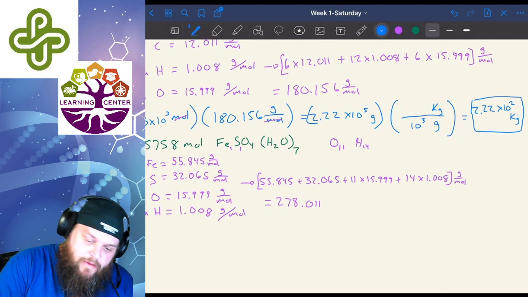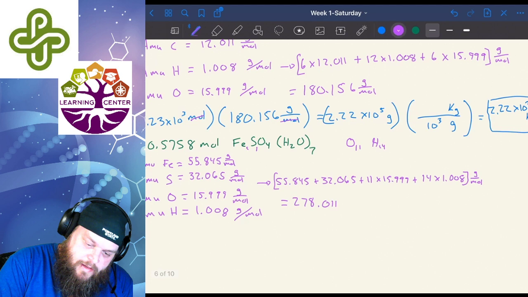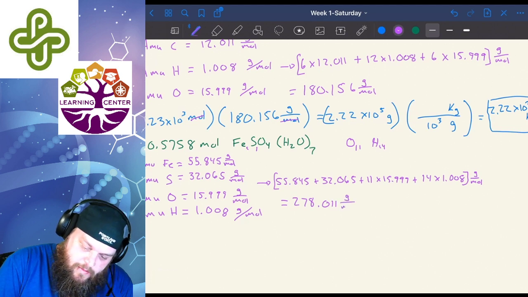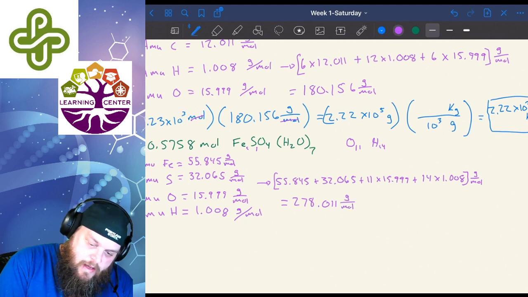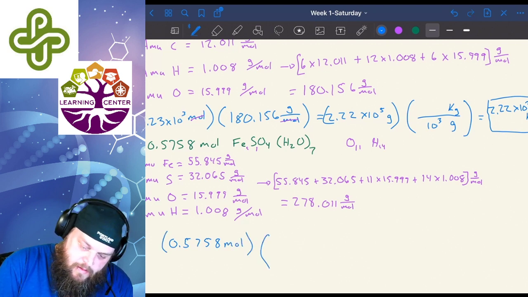So now all we have to do is multiply. Take that number of moles we have. Again, this is in grams per mole. And we multiply 0.5758 moles times 278.011 grams per mole.